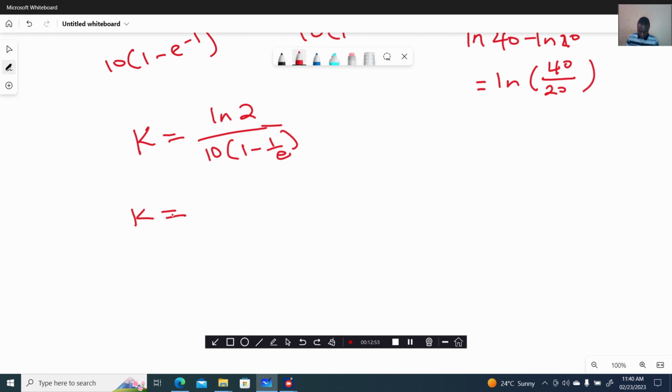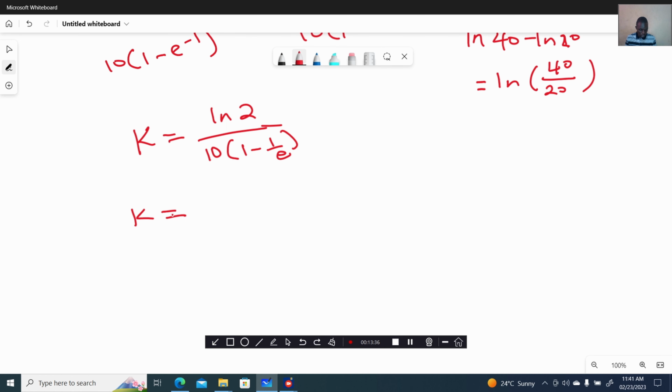Let me use my calculator to solve for that value of k. It will be natural log of 2 divided by 10 into 1 minus 1 over e to the power of 1.